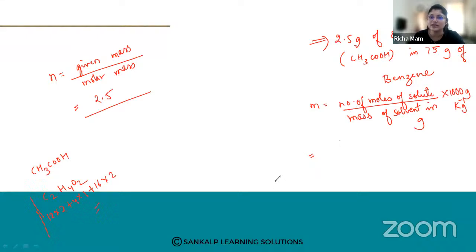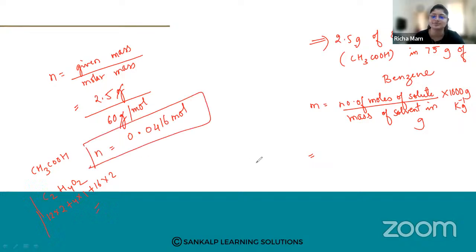So the number of moles is 2.5 grams divided by the molar mass of 60 gram per mole. Gram and gram get cancelled. So 2.5 divided by 60 comes to 0.0416 mole. Are you getting the same? Yes. Okay.